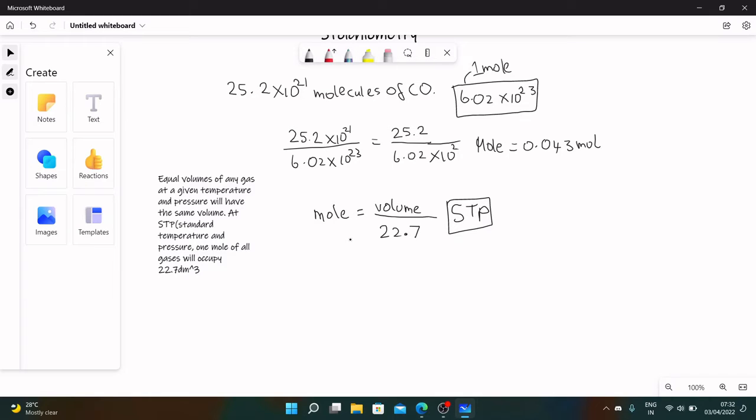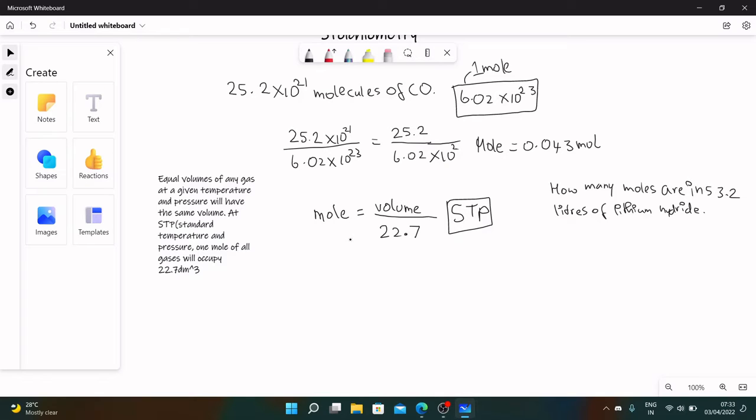Now let's take a look at the question. How many moles are in 53.2 liters of lithium hydride? Now you might be confused by the word liters.